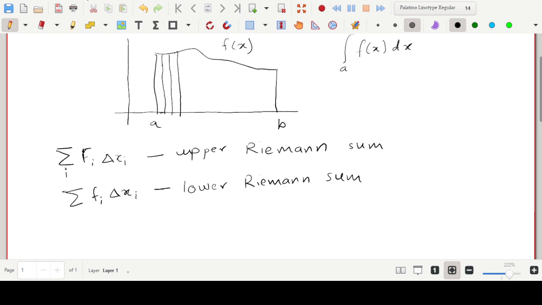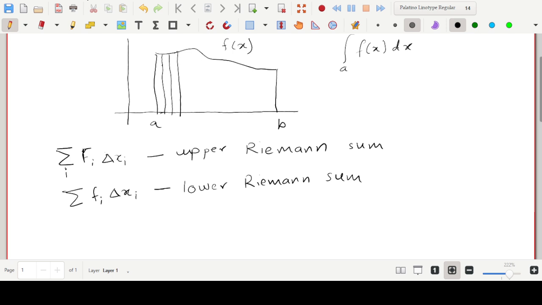And now what we do next is let the lengths of the subintervals approach 0. So these delta x_i's approach 0 for all these subintervals, and then we look at what happens to this sum.